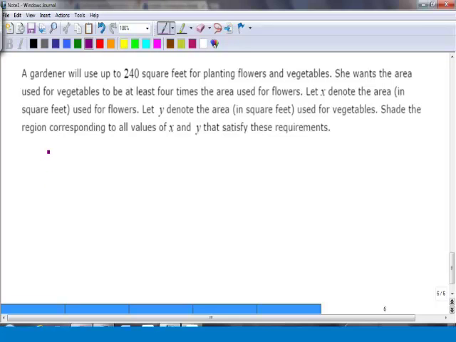I'm thinking that the area used for flowers plus the area used for vegetables should be less than or equal to 240. Total amount of area to be used, less than or equal to 240.